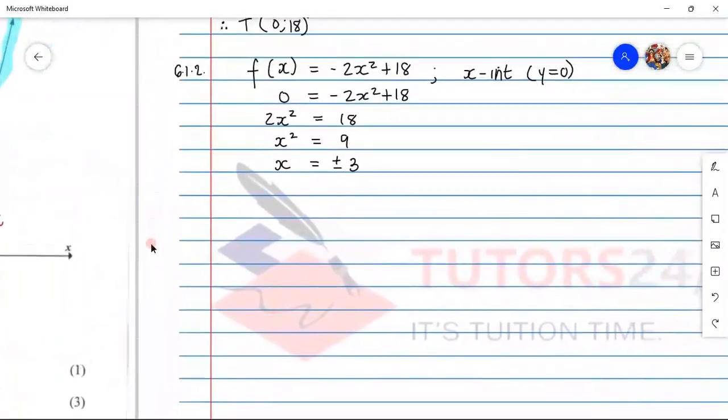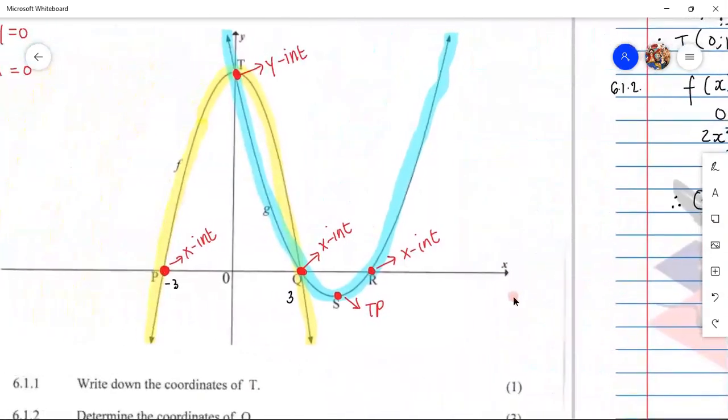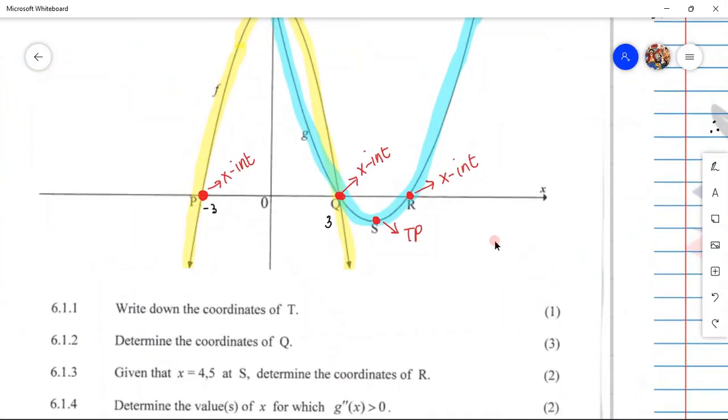So we can conclude that the coordinates of q are positive 3 and 0, and the coordinates of p are negative 3 and 0. Now, let's move on to our next question.